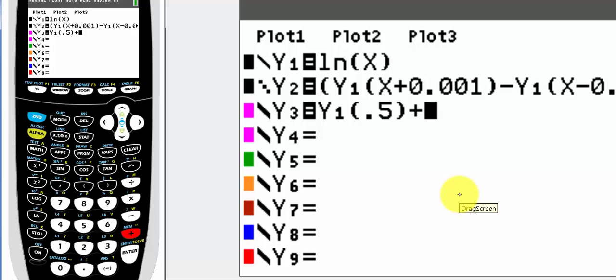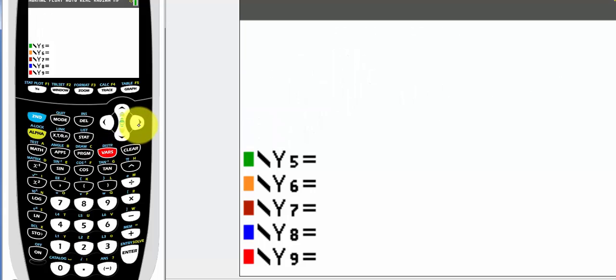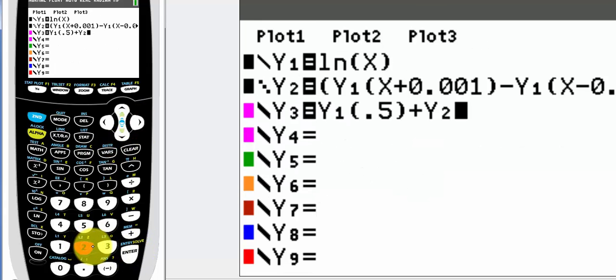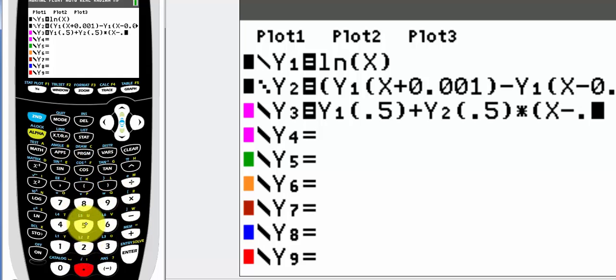So the slope is y2 at 0.5, the derivative at 0.5, times the run, and the run is x, whatever my x is going to be, x minus 0.5, okay? And my first value for x is 0.6.